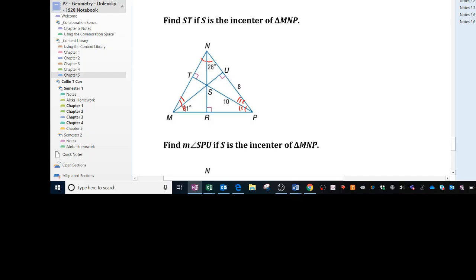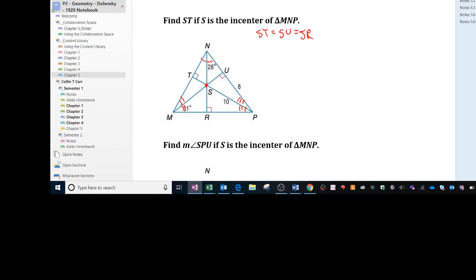And if that's the incenter, then we know that ST equals SU equals SR. Now notice it doesn't give us any of those, but it does give us UP and SP.